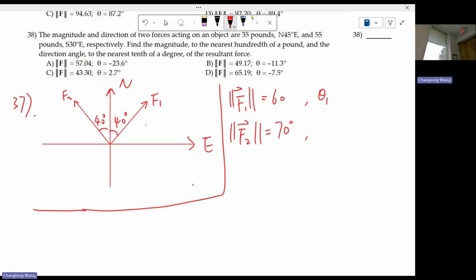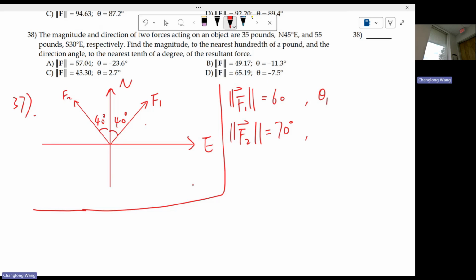Max, can you remind us, how do we measure an angle in a standard way? We should always start from, yeah, the initial side of the angle has to be the positive x, right?